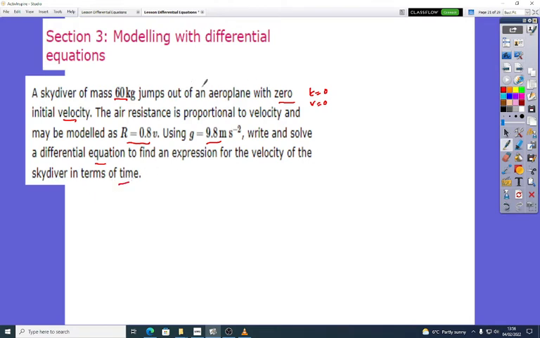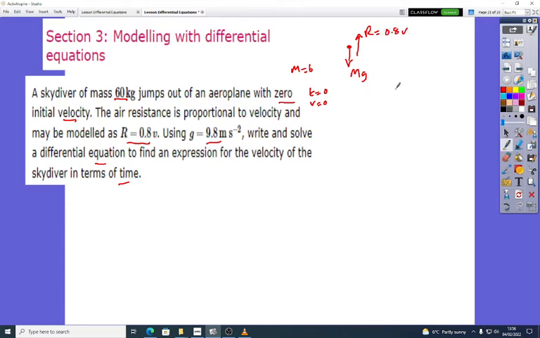Okay, so we know that mass is 60, I'm just going to put that there. Now, basically, the man's jumped out here, so that's got weight mg active, and what's going against is resistance, which in this case is 0.8 v.